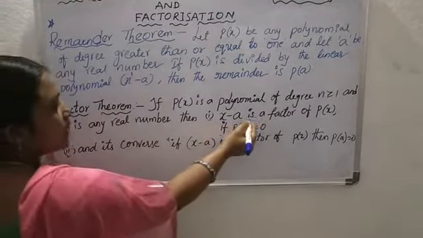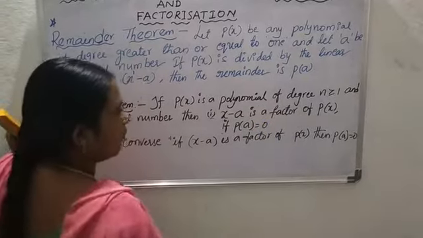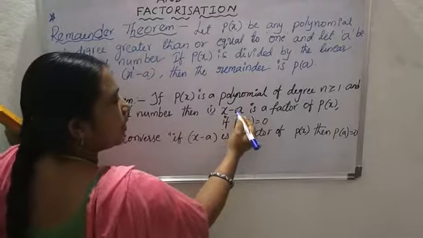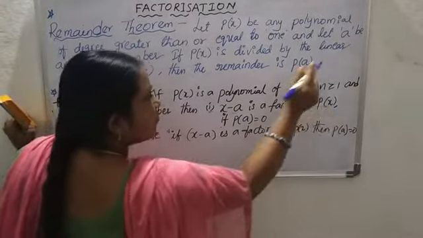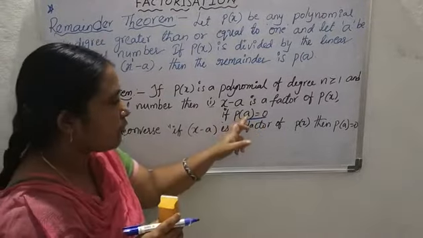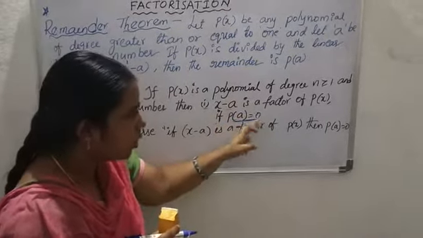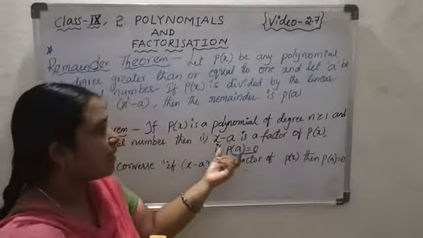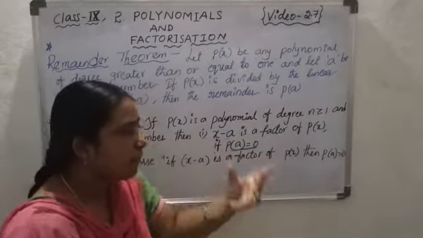First, x minus a is a factor of P of x. X minus a is a linear polynomial, and this linear polynomial is a factor of P of x when P of a is equal to 0, that is, when the remainder is 0. Otherwise it is not a factor of P of x.